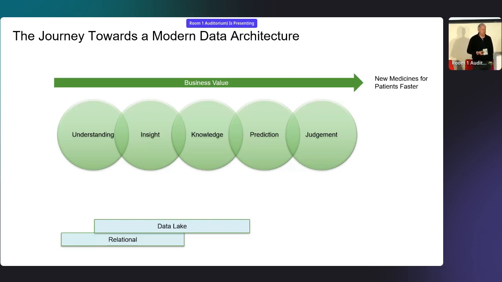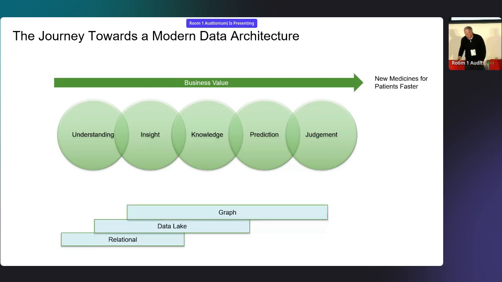And they don't really get us far down the journey towards supporting judgment and decision making in a research setting. So the question is, what additional technologies could help bridge this gap?